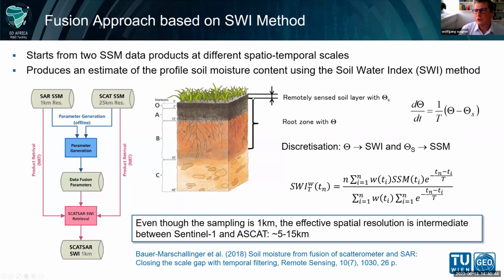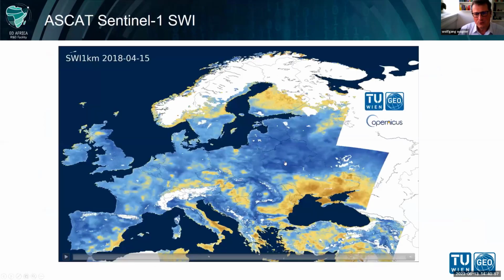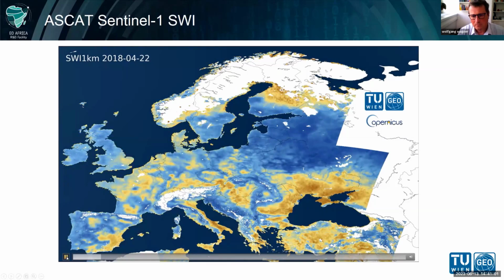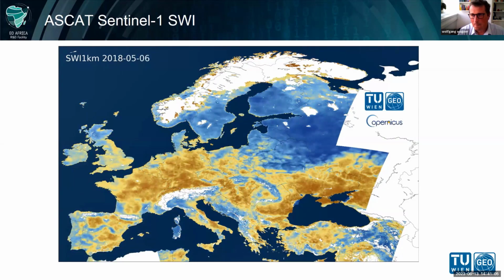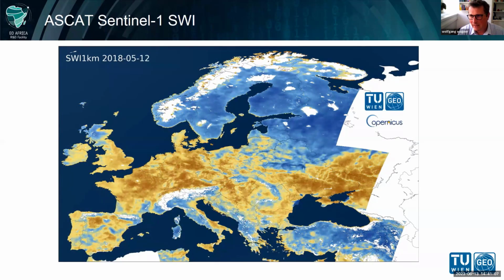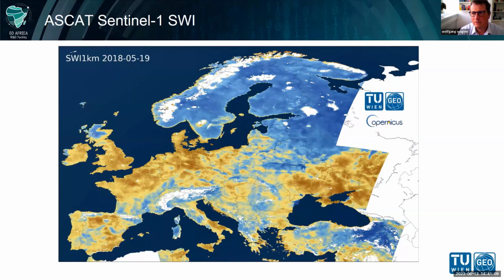We not just fuse them to make a more complete product, but also go from the thin remotely sensed surface layer to the root zone layer with a simple formula. And what you can get then is a product that looks like this here. That's a product that is available every day, combining the ASCAT information and the Sentinel-1 information.